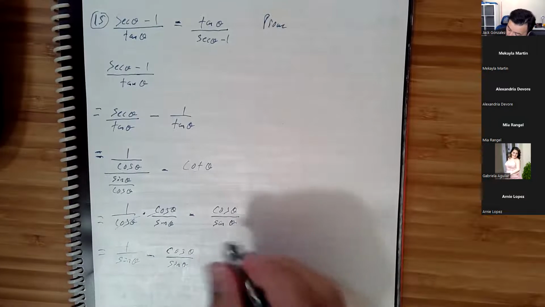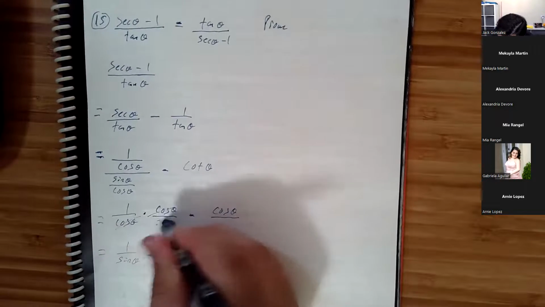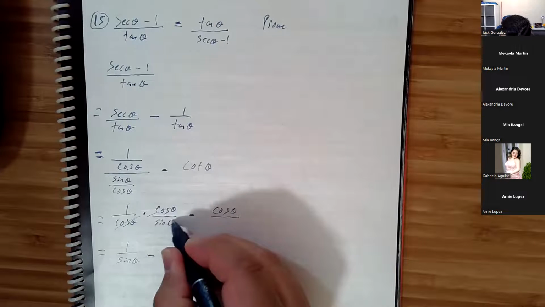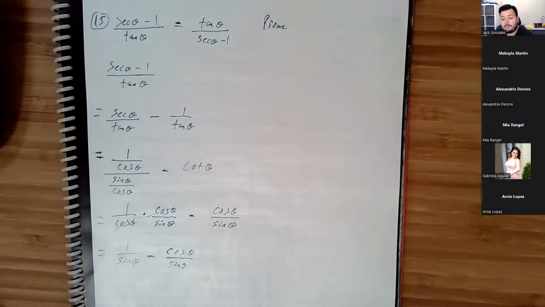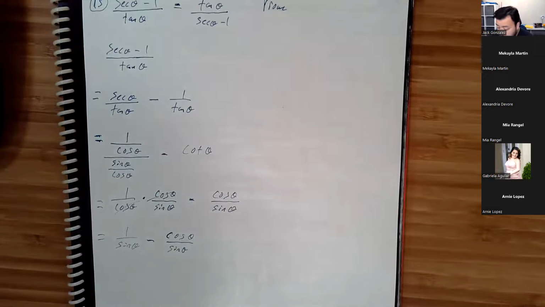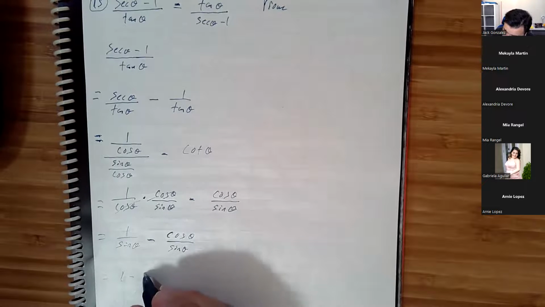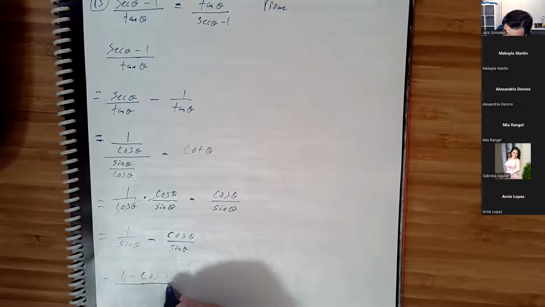So I don't know why I wrote that out weird. Okay. It looks like this might work out, I think. So that canceled, gave me that, and that guy's right there. So right now I'm here, 1 minus cosine over sine.